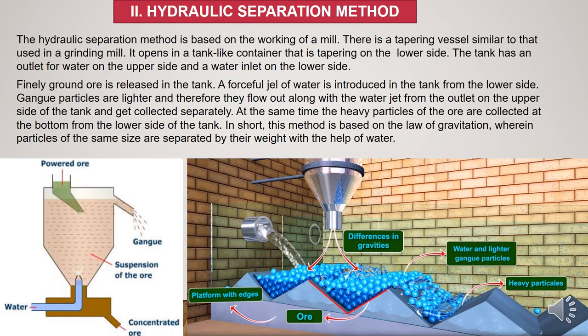In short, this method is based on the law of gravitation, wherein particles of the same size are separated by their weight with the help of water. ठीक है, तो very simple method.